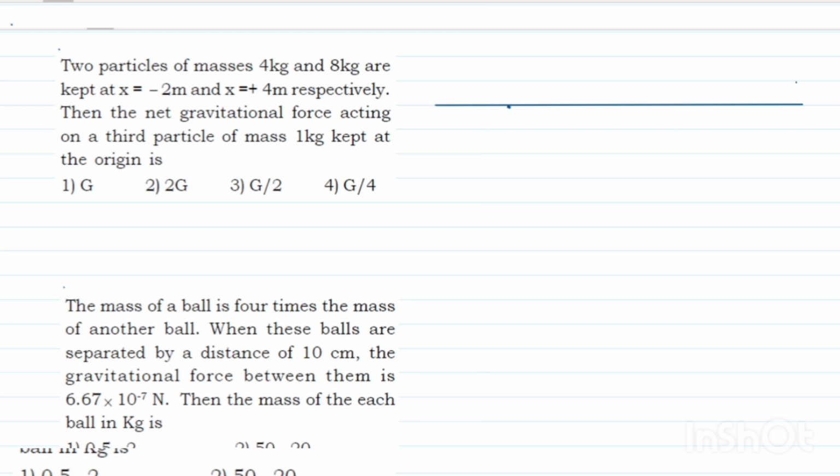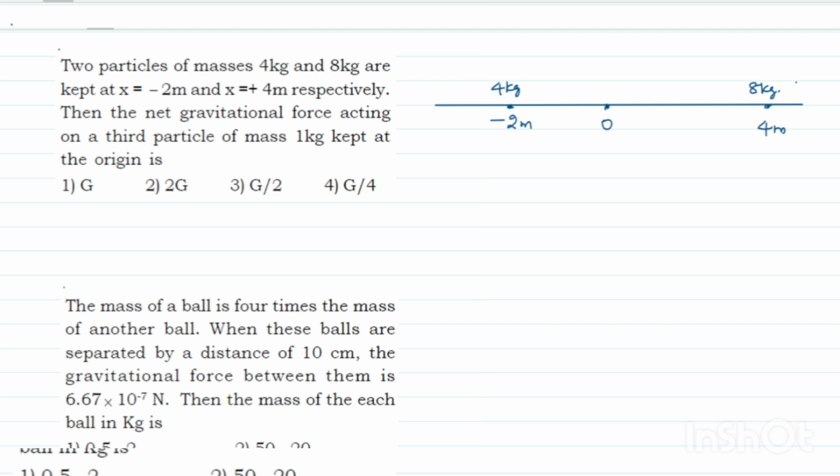One mass is at -2 meter, this is the origin. Here you are placing a 4 kg mass at -2 meter, and next at 4 meter distance, this is 2 meter and this is 4 meter distance, you are placing an 8 kg mass.